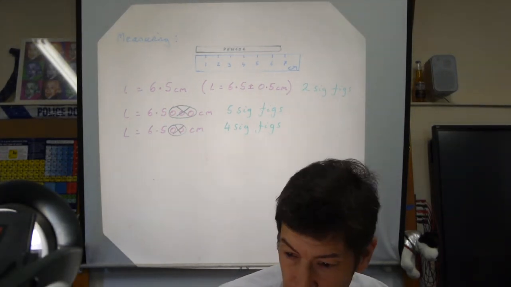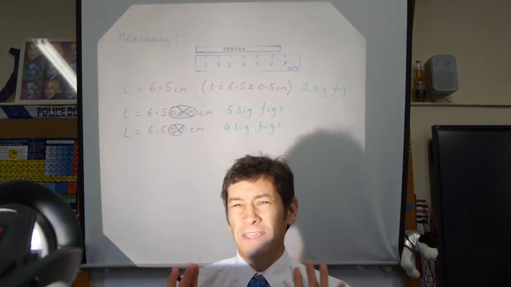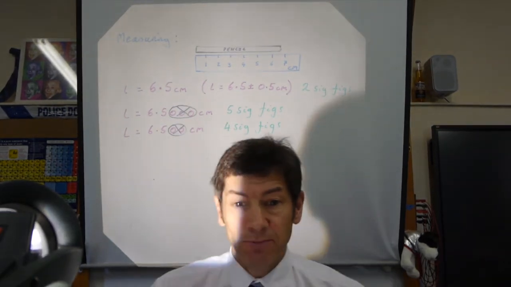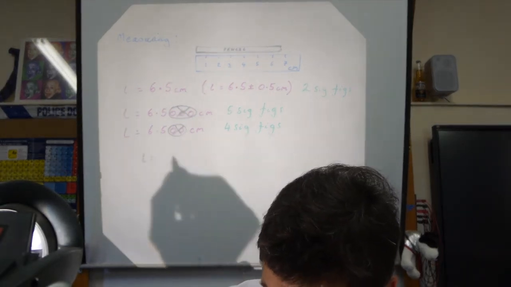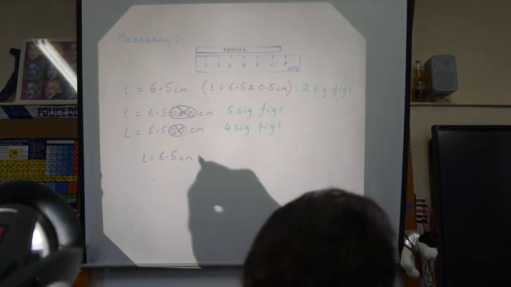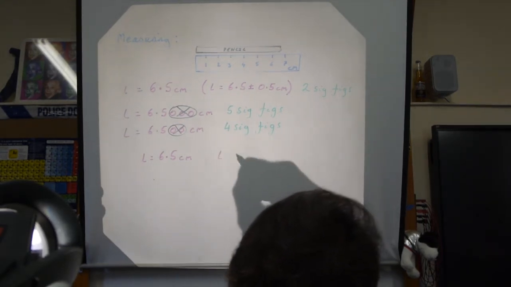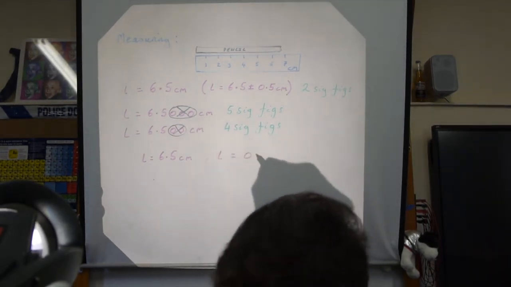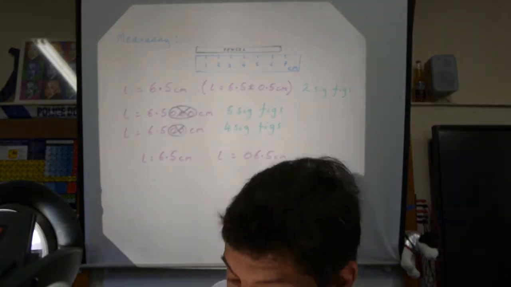It's interesting to note, by the way, I'm not quite sure why you would do this, but there are some ways of writing things down and some computers that might do this or screens that might do this. If we write the length as 6.5 centimetres, we could also write the length as this. The length is 6.5 centimetres.